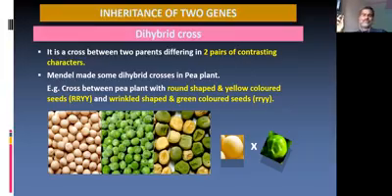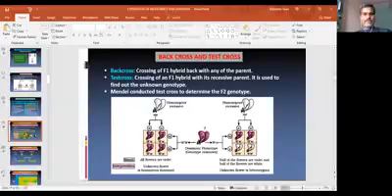You can see in the diagram, round shape is one character and yellow color is another character, from one plant, and wrinkled shape and green color from the other. Taking these characters into account, he conducted what we call the dihybrid cross experiment. Further details regarding the dihybrid cross experiment we will see in the next classes. So thank you, all of you.